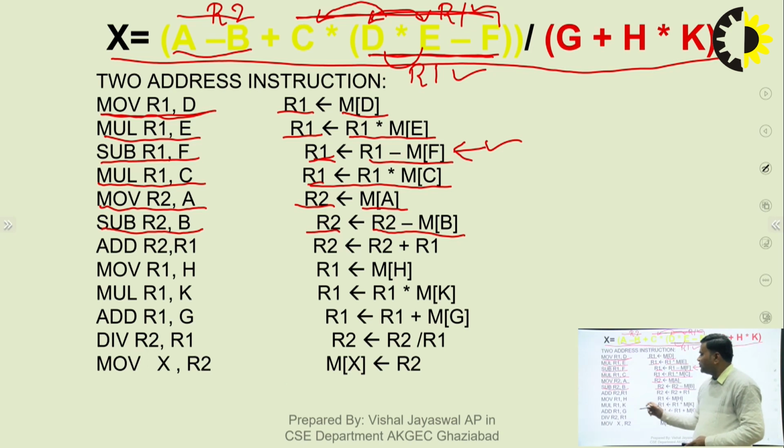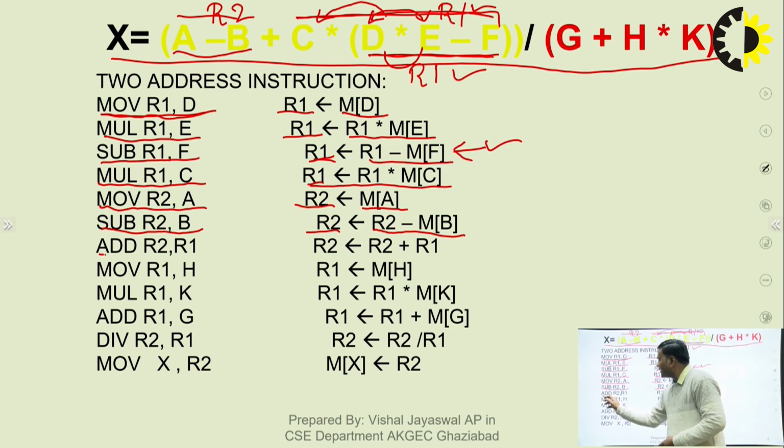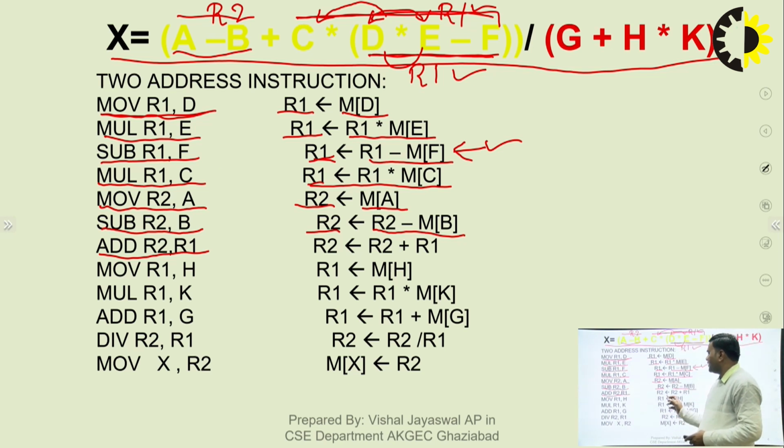So add R2 comma R1, and here we are using R2 as a destination and R2 as a source. So R2 tends to R2 plus R1. It means our whole numerator part is solved and the result is in R2 register.